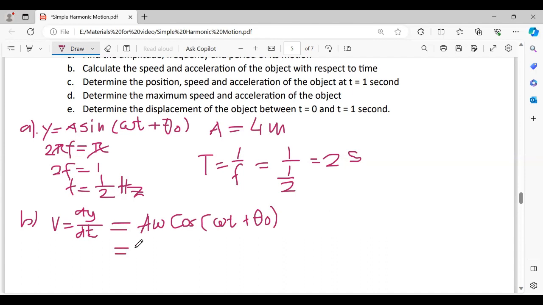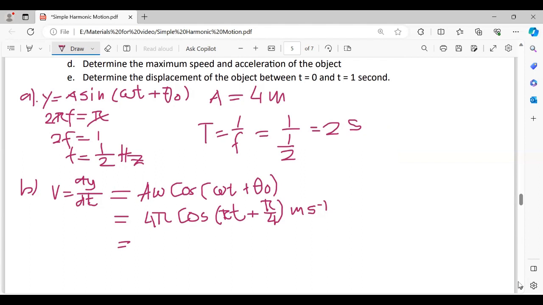So it's going to be 4 times pi cosine of pi t plus pi over 4, with unit meter per second, because A equals 4.